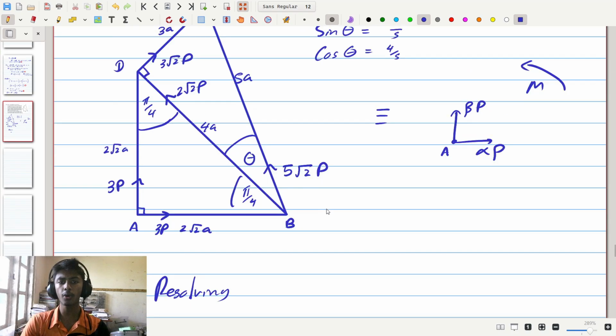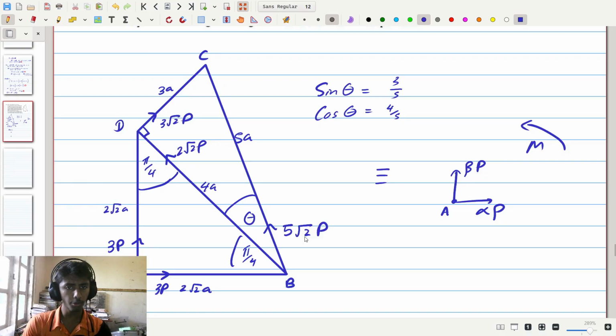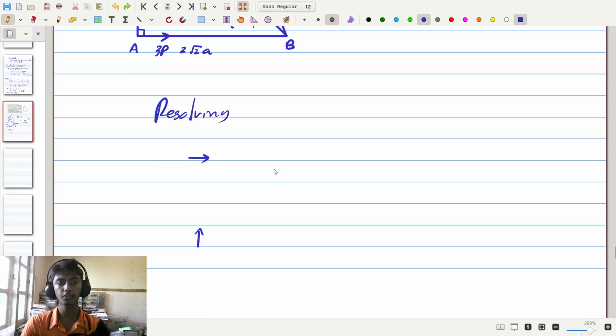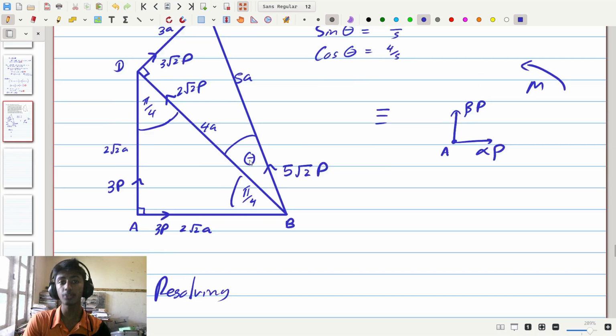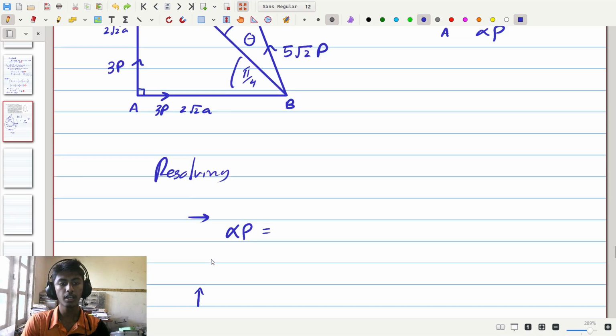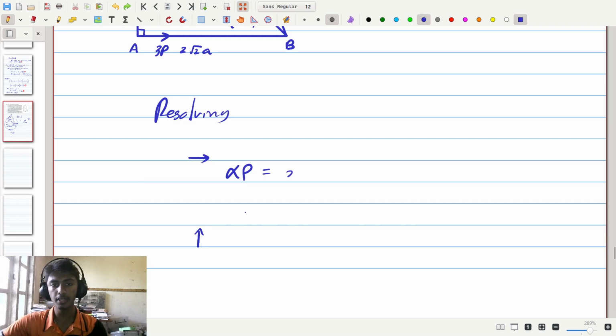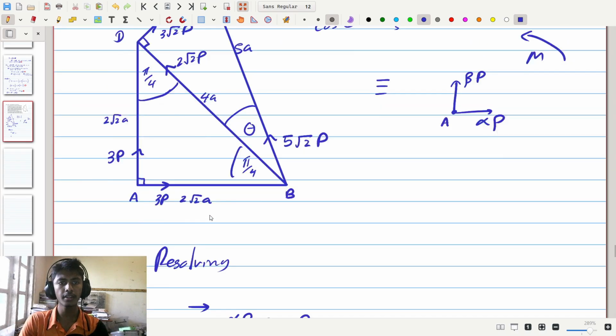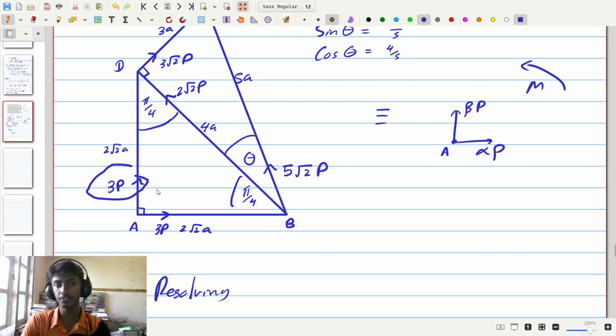Now, doing it horizontally, the sum of all horizontal forces must be equal to alpha p. So if we resolve horizontally, we get alpha p equal to the sum of all horizontal forces in this system. If you take a look, we have 3p in the rightward direction, so 3p, and then this 3p force doesn't do anything since it's vertical.